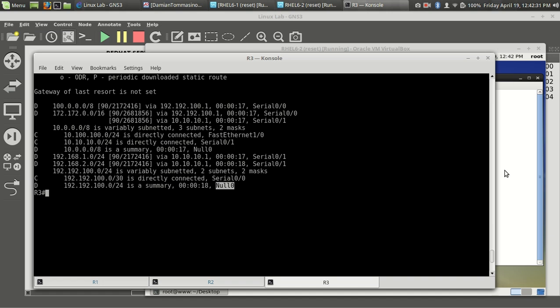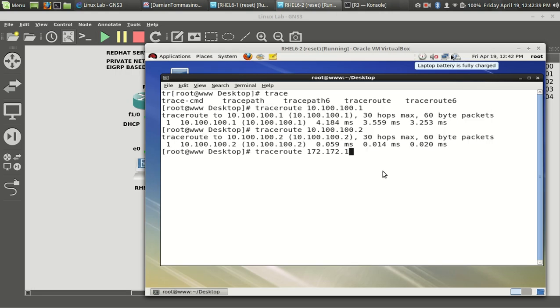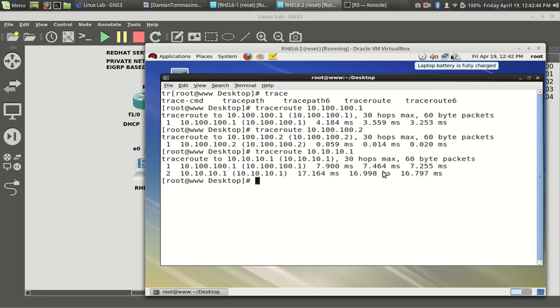10.10.10.1. We have what are these? These are the routers. These are the hops behind. So at the end I again send, testing the speed.